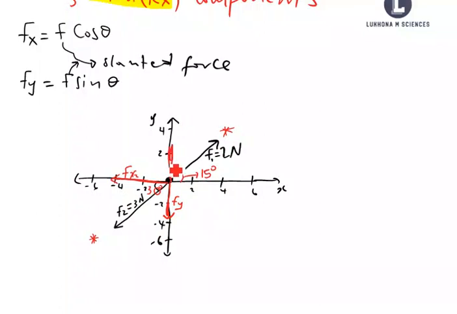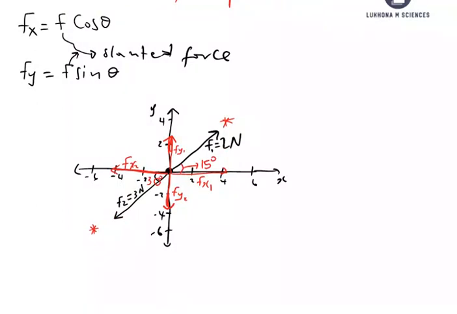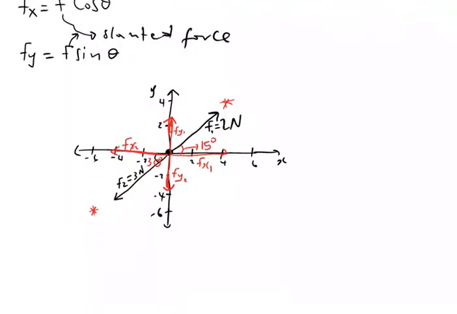We're not sure of the magnitude of this force, but this is Fy1, or this one is Fy2 because it's from these two. Then we have another one here. We're not sure about the magnitude, but it's Fx1 because it's from F1. So we are going to calculate these forces. These are the vertical component and horizontal component.